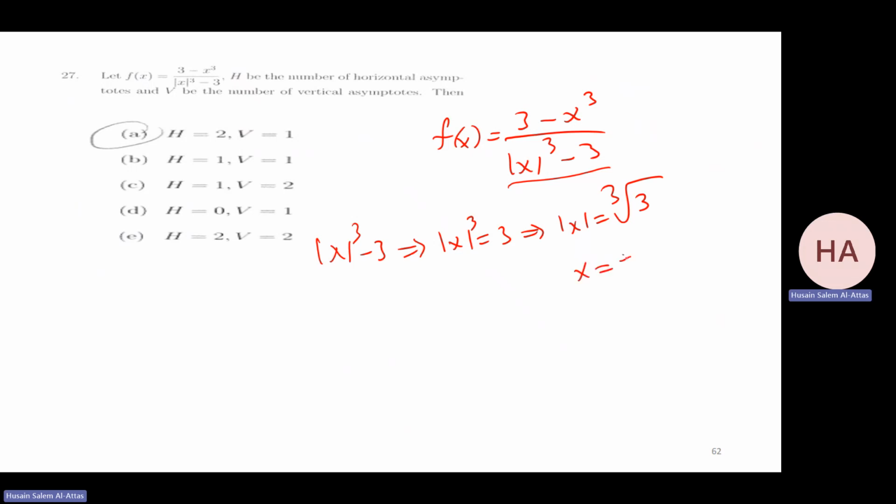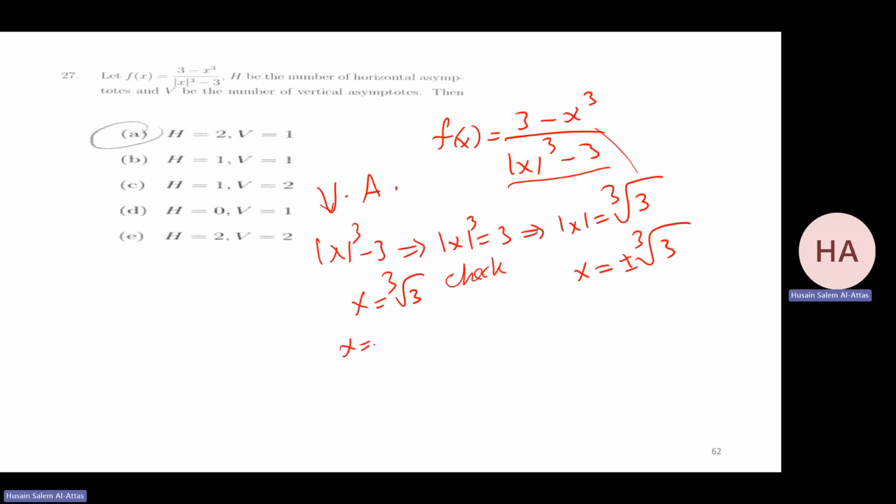So x equals plus or minus the cube root of 3. For a vertical asymptote, if x equals the cube root of 3, then that will make a problem. It will be 0 over 0. So to check the limit, I think you will not get a vertical asymptote. Check.